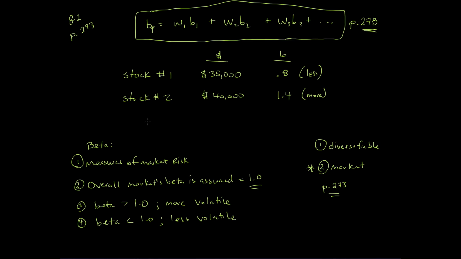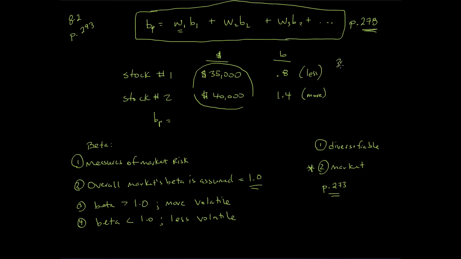So let's see if we can figure out the beta of this particular portfolio. The first thing I need, the formula says W1, and what that means is weight. So I need to know first how much money I have invested in this entire portfolio. So I'm going to add these two figures together, and I get $75,000.